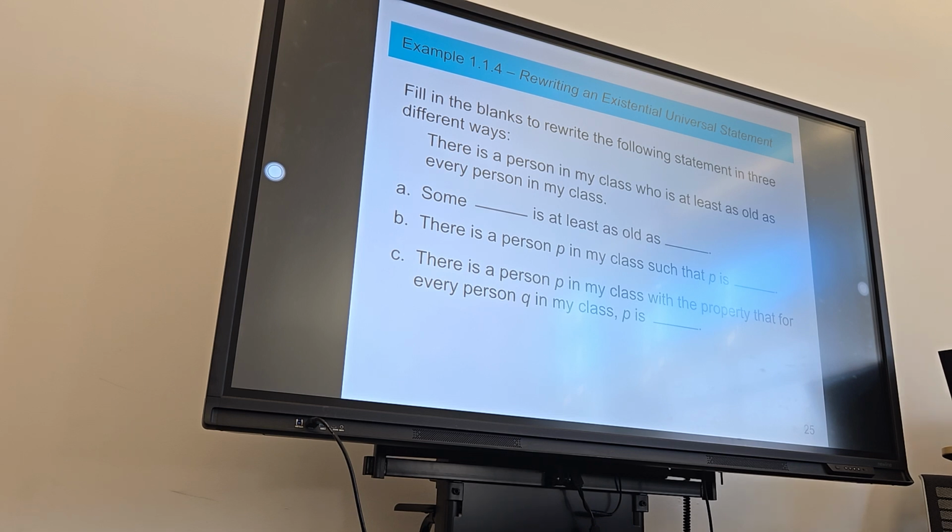Fill in the blank to rewrite the following statement in 3 different ways. There is a person in my class who is at least as old as every person in my class. Kind of confusing. Some person is at least as old as every person in the class.